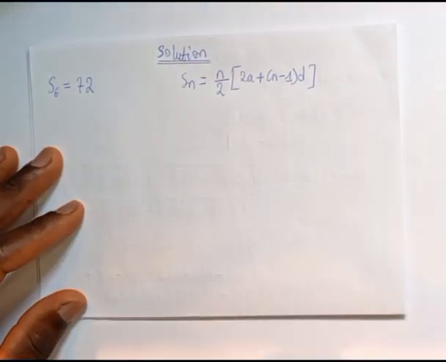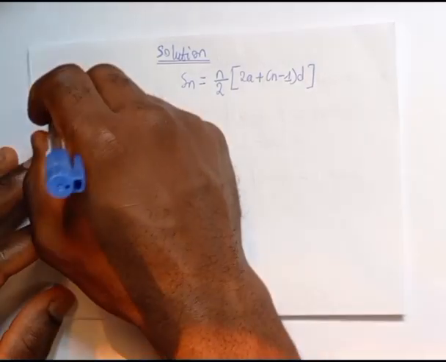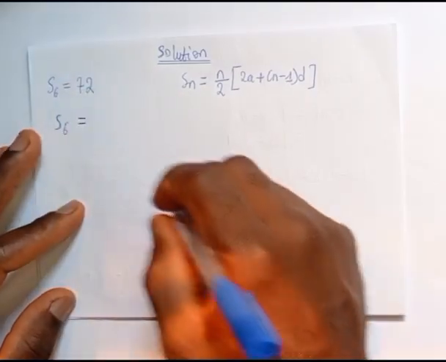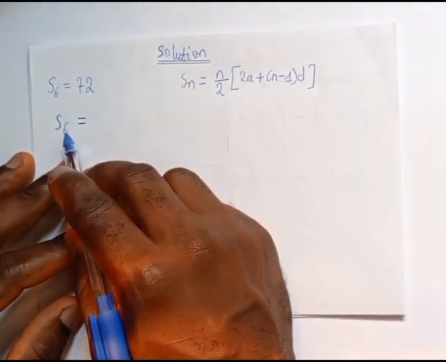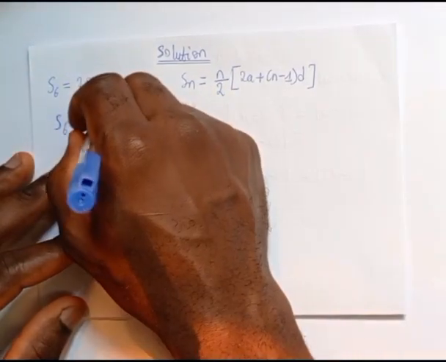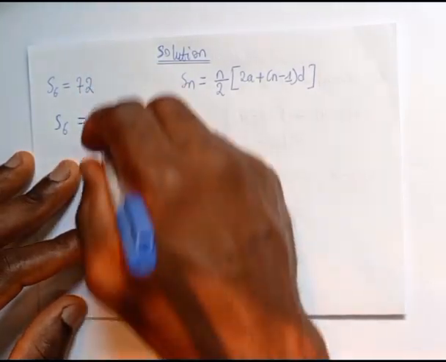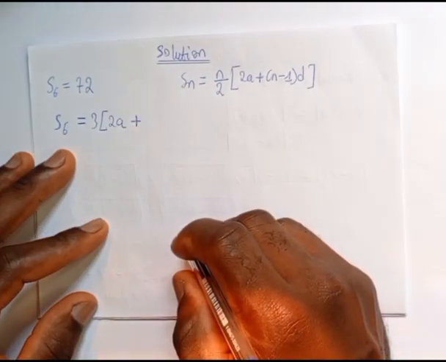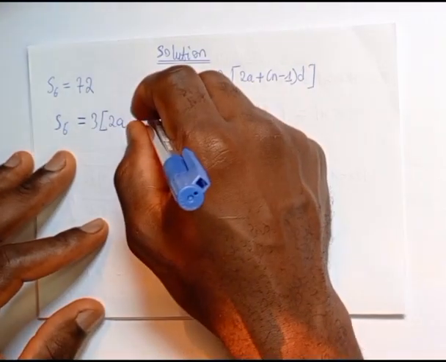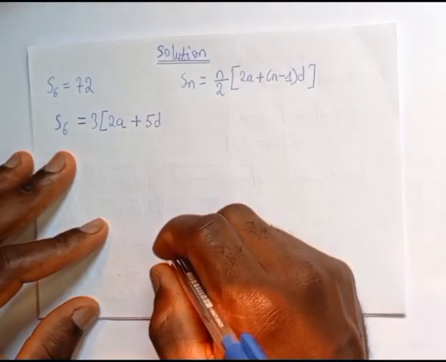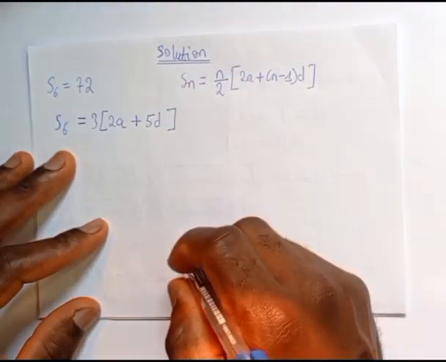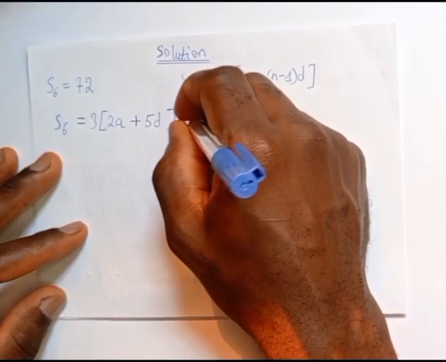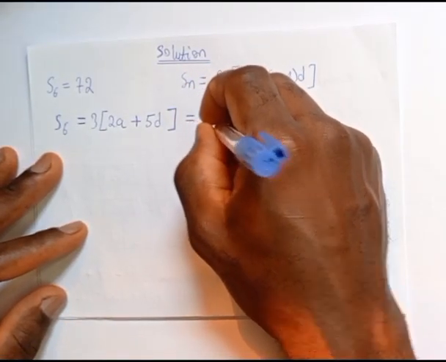Applying this formula here in S6 equal to 72, this will give us S6 to be equal to, n is 6, 6 divided by 2 gives us 3 times 2a, we don't know the first term, plus 6 minus 1 gives us 5, 5 times d gives us 5d, we don't know the common difference. And this is equal to 72.